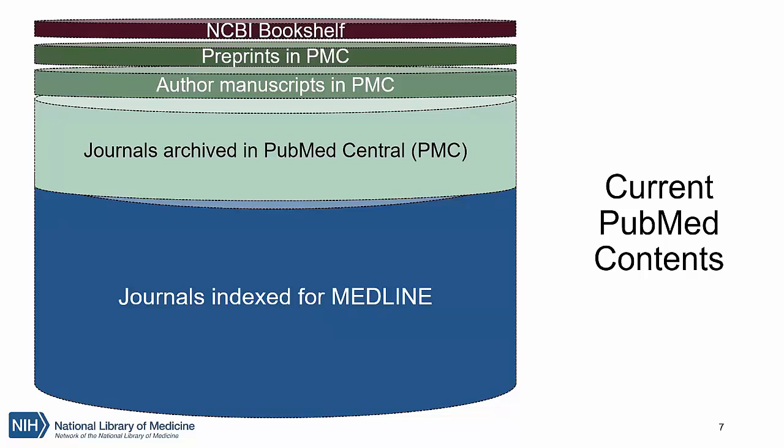This class will cover the differences and the similarities between the processes and the policies that NLM has in place for each component of PubMed. So to review and to provide the answer to number 1 on your handout, you can search PubMed for journals indexed for Medline, journals archived in PMC, author manuscripts in PMC, preprints in PMC, and NCBI Bookshelf contents.